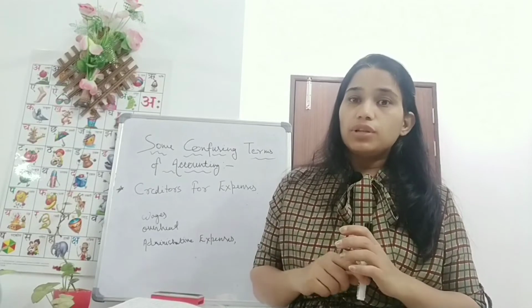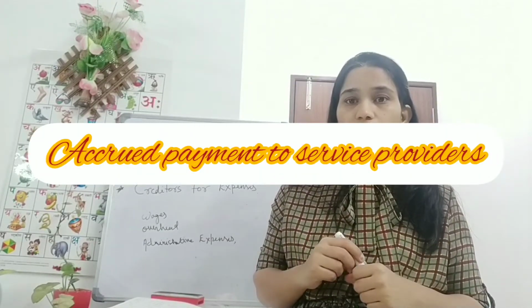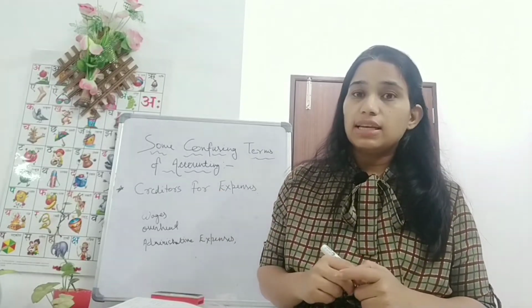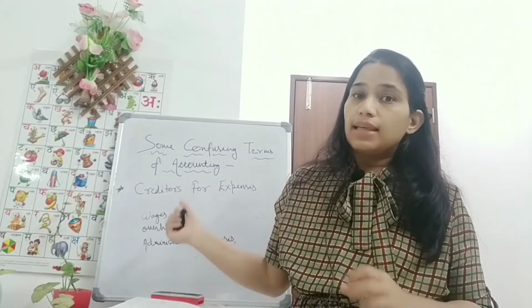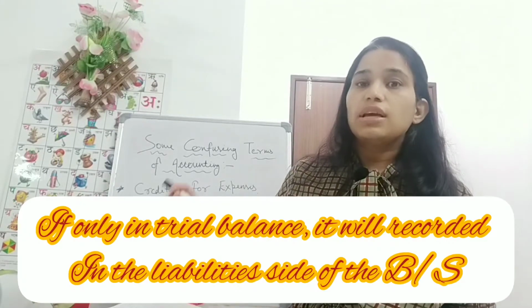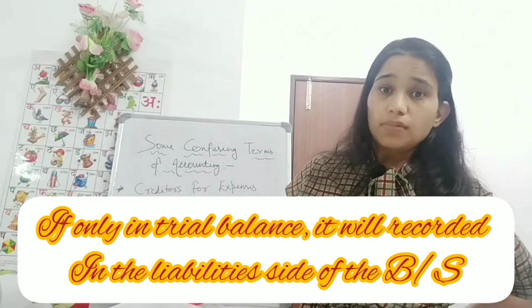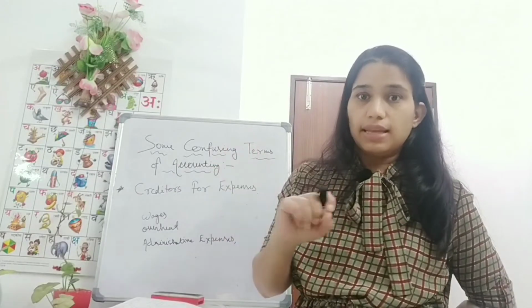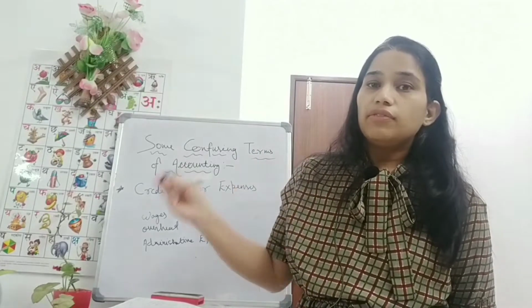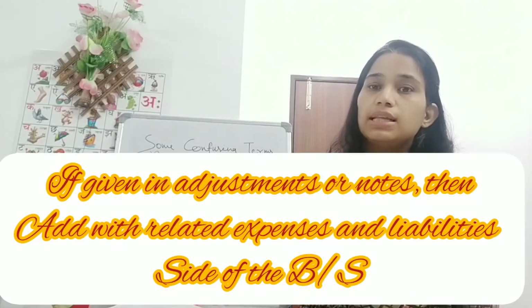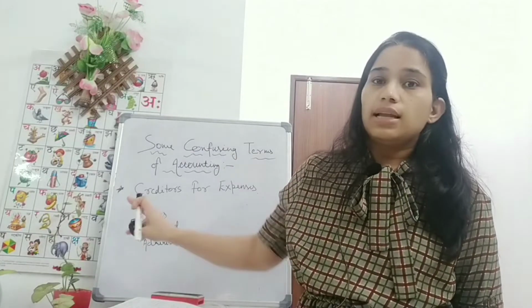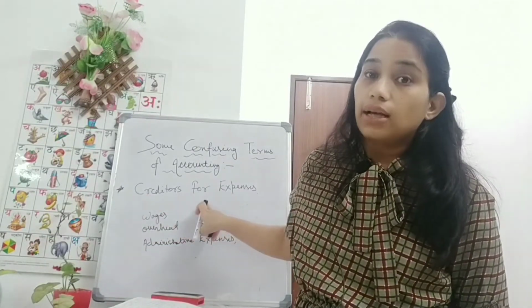So how do we do the accounting of creditors for expenses? See, if creditors for expenses is given in the trial balance only, then it will be shown in the liabilities side of the balance sheet. But if it is shown in the adjustment, I'm telling this for students, if it is given in the adjustment, then this creditors for expenses will be called accrued expenses.